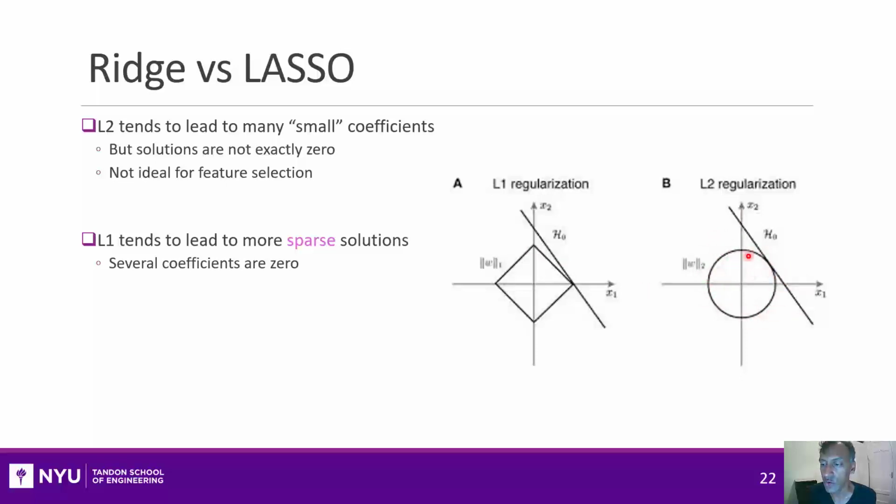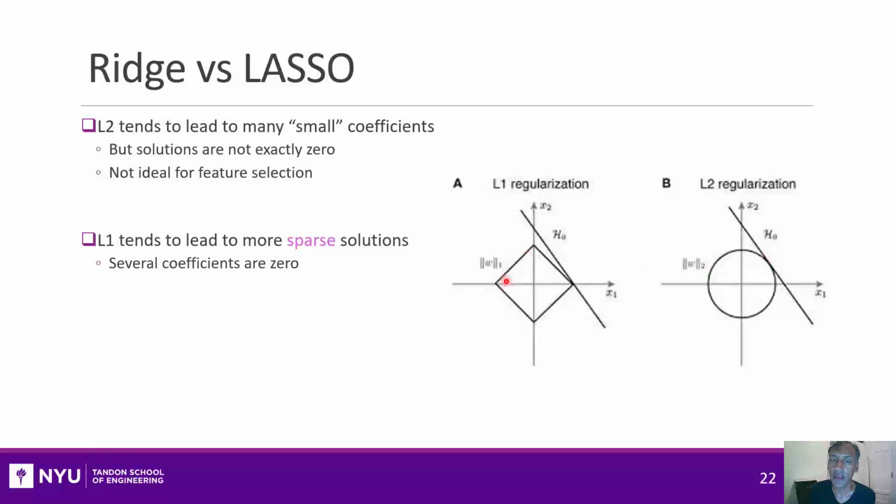The L2 norm is the Euclidean distance from the origin. So the circle is the contour of all points at the same L2 distance. So you're really trying to find the smallest circle that can intersect with this line. And in that case, you would end up at this point here.